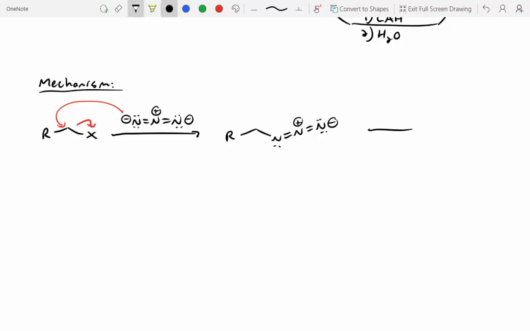In the next step, we're going to treat this with lithium aluminum hydride, so just a hydride source. And this hydride is going to attack this nitrogen and then kick up electrons onto this nitrogen.